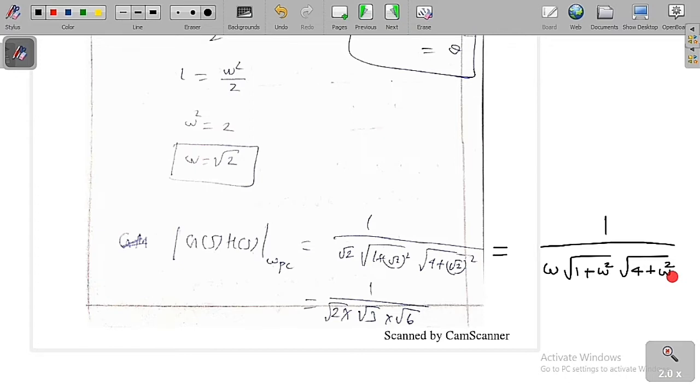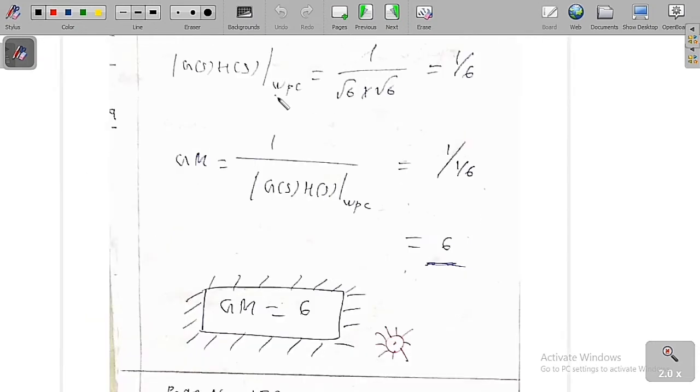In place of omega, substitute root 2. Then we get 1 by root 2 into root of (1 plus root 2 whole square) into root of (4 plus root 2 whole square). If we solve this, we get 1 by root 2 into root 3 into root 6. Therefore the magnitude of G(s)H(s) at omega PC is equal to 1 by 6.